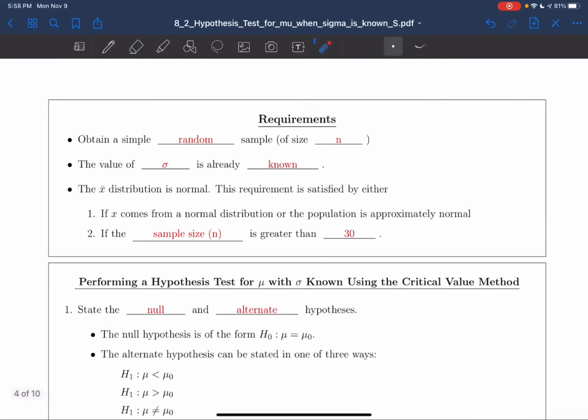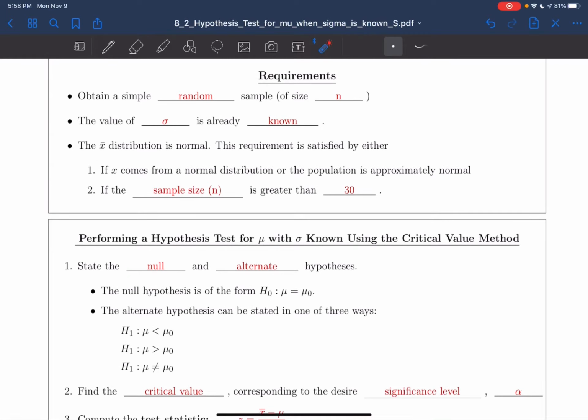Okay, so the first thing we have to check is that we obtain a simple random sample of size n. Since in this section we are talking about hypothesis testing when sigma is known, or when our population standard deviation is known, we need to know the value of sigma. It should be somewhere in the problem.